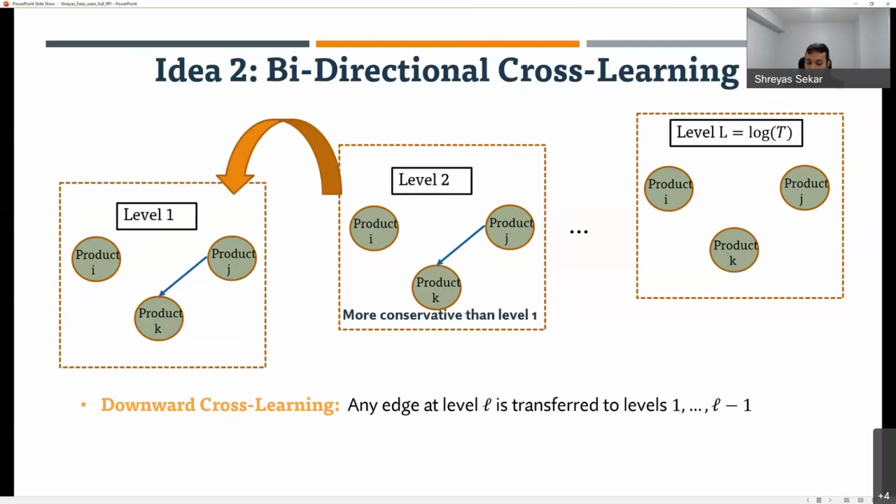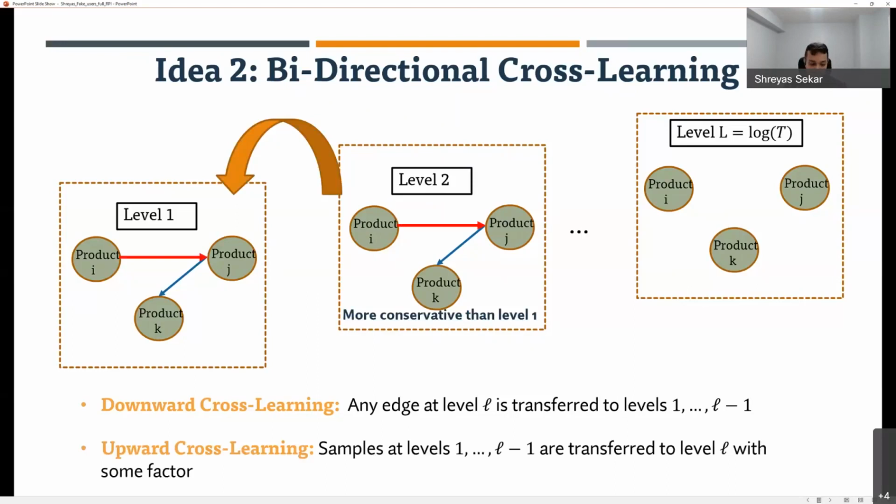What downward cross-learning does is help transfer these edges from the upper levels to the lower levels. Every time I have an edge at level 2, for example, or level 3 or level 4, I'm going to transfer this to all the levels below that upper level. Why do I do this? We're doing this because the upper levels are more correct in their decision-making process.